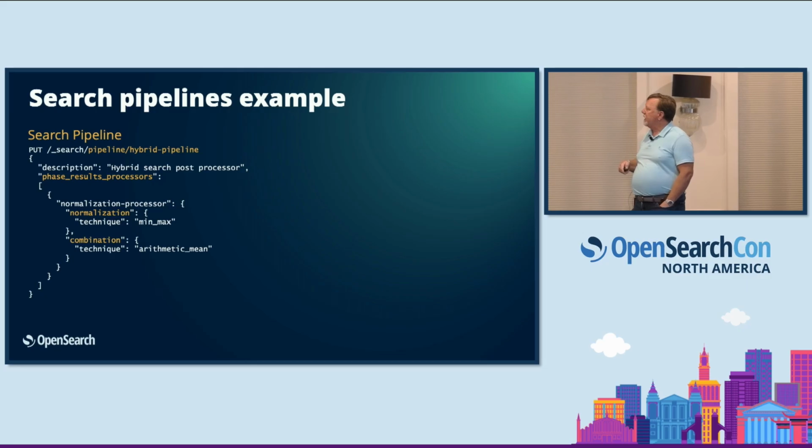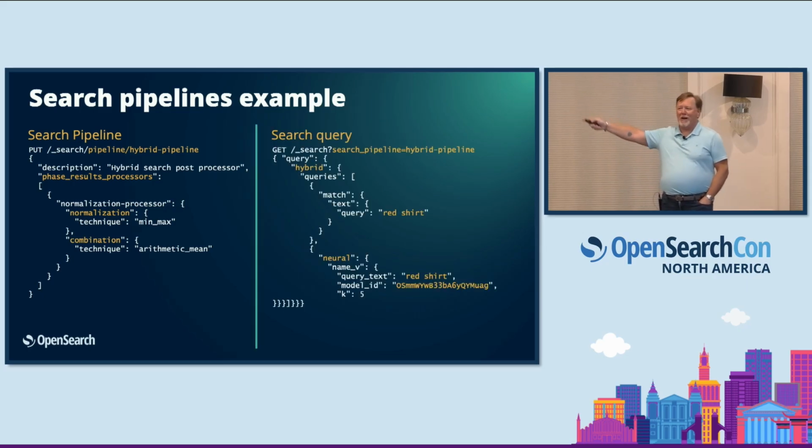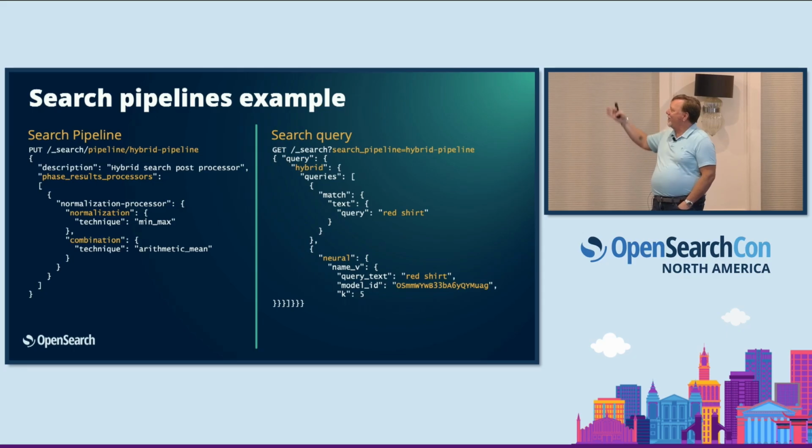On the search side, I put a pipeline. This is called hybrid pipeline. This is for hybrid search. I have a phase results processor. What this is going to do is normalize scores and blend them together. So I have a normalization processor with a normalization and a combination technique. However I'm doing the search, I define a pipeline like that one. And then for queries, I query with search pipeline equals X. And that, in this case, is a hybrid query.